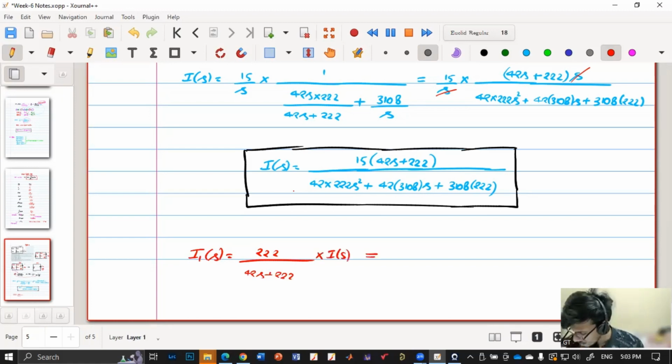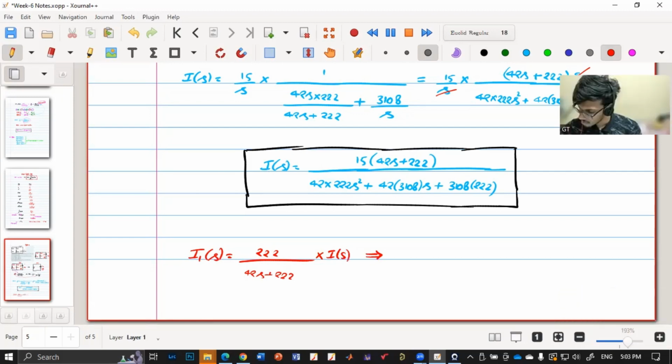So if we do that, we'll be getting, let me take this video to the top. We'll be getting I1 of S equal to, so this denominator term will be cancelled with this numerator. So we'll be left with 15 into 222 in the numerator.